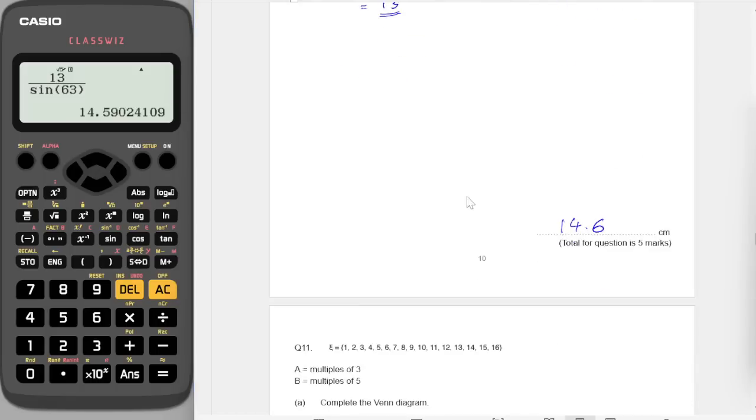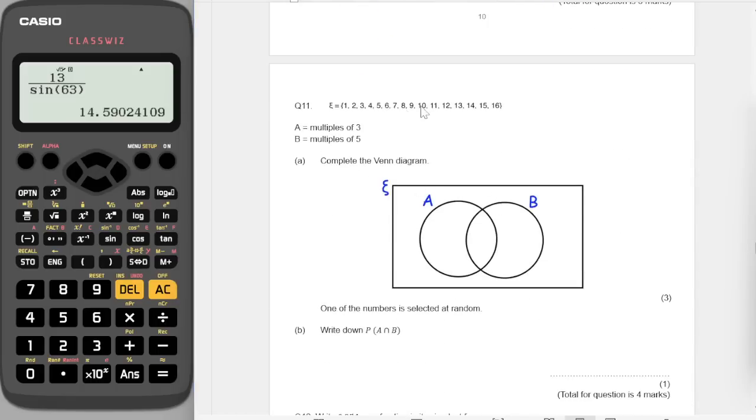Okay, question 11. Complete the Venn diagram.